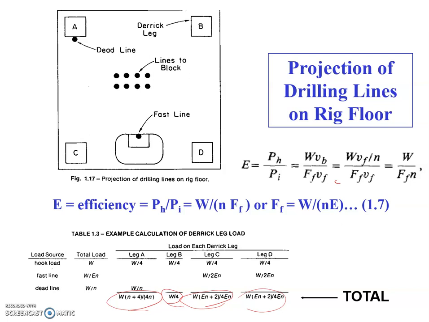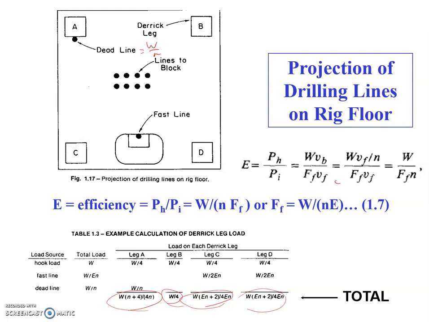W is distributed between all legs, right? So for leg B, that's the only force that is being applied to that leg, so this is kind of the lowest. Now, between legs A and C, again, the weight is the same, W over 4, but leg A has a deadline attached, which is equal to W over N here, right?